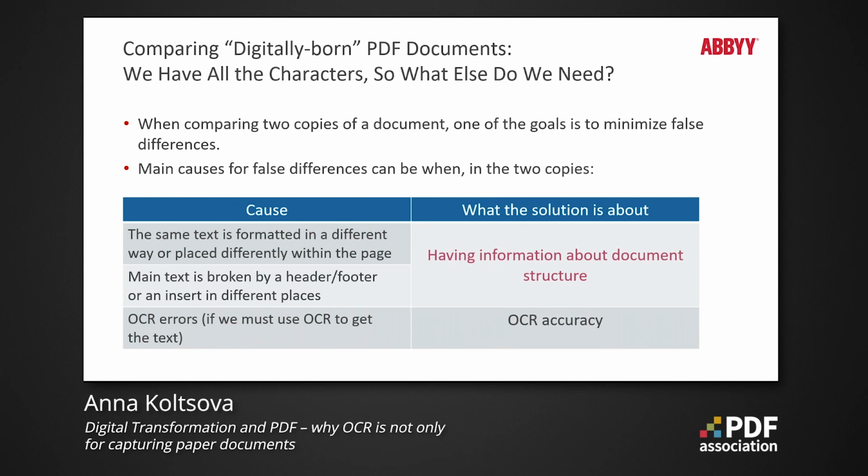Both situations may be results of edits made in the text of one of the copies or changes made to the layout, such as setting the margins differently, for example. For both situations, the solution to avoid false differences would be, as you probably already guessed, to have and use information about the document structure. That is, to apply OCR to recreate it.